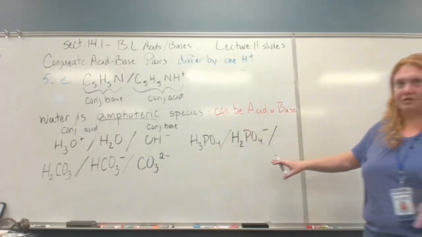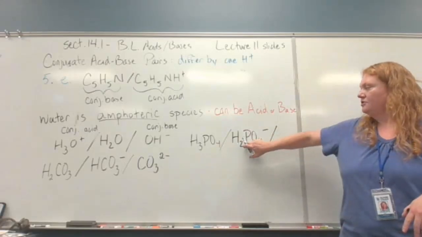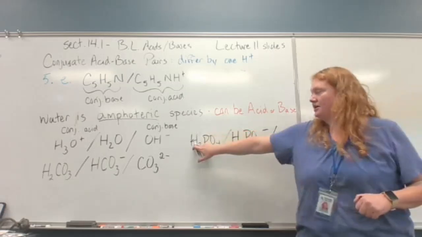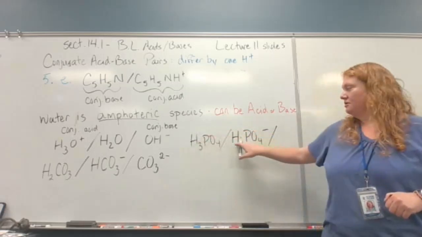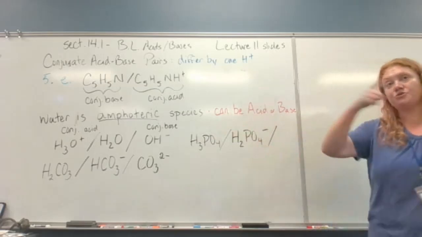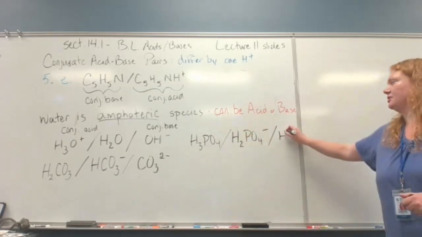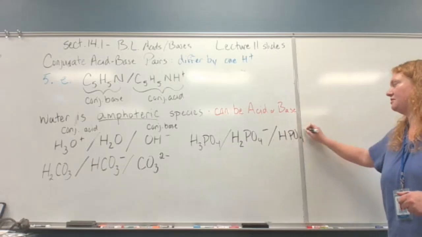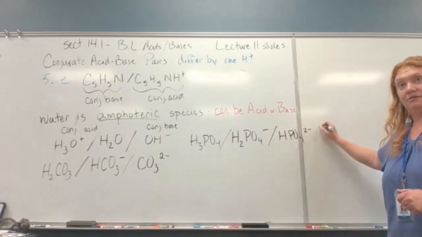I'll just write these others out just so you can see. Do you see how this has 2 H+ that it could lose? It can lose one, and then could we lose even another one?